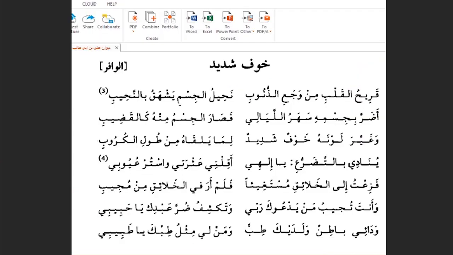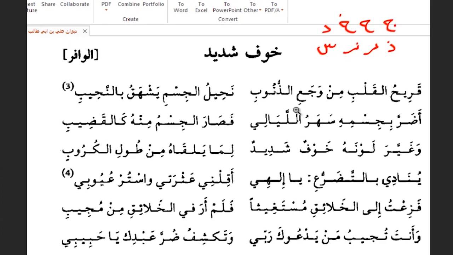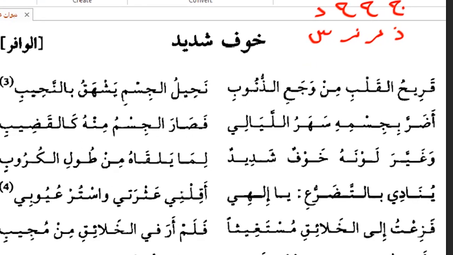We're going to find today jim, ha, kha, dal, that's the style of dal, dal, ra, zain, sin. Okay, let's try finding these today. We're just going to do two verses. I think that's more than enough for today. Okay, let's go.